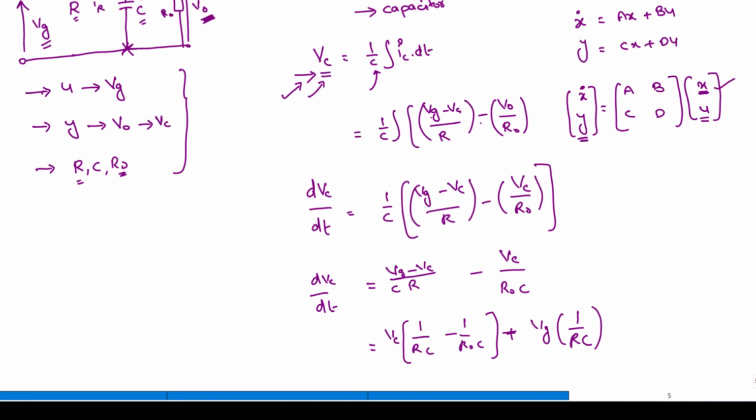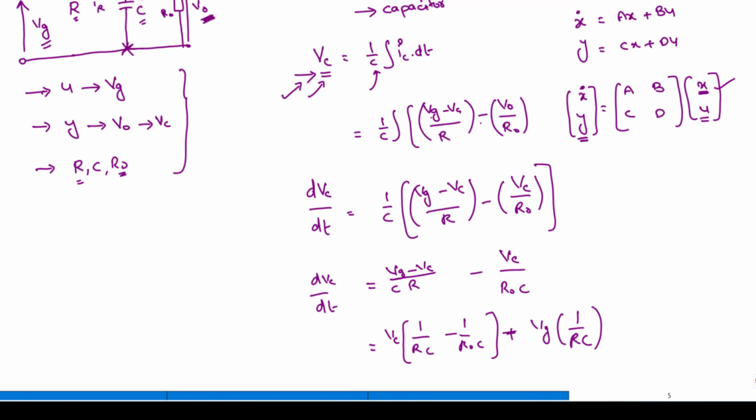So I have taken current. Current here is Vg minus Vc by R. So here I have taken only this V0 by R0. So this IL, this is IR, incoming current is equal to IC plus IL. What I want is IC.